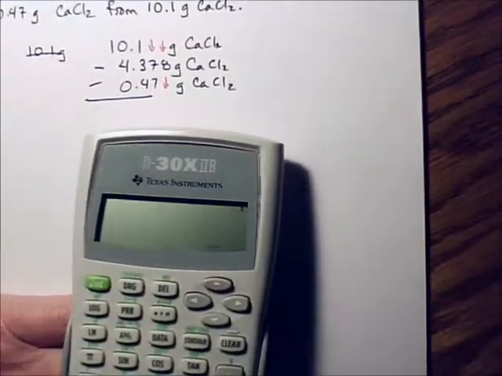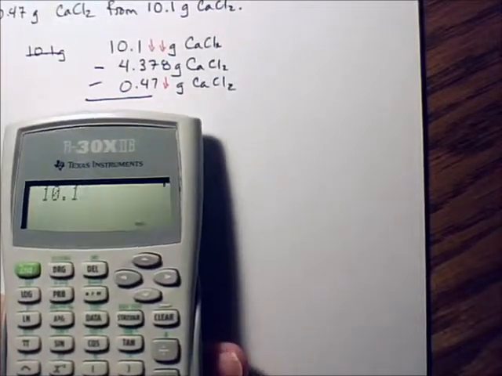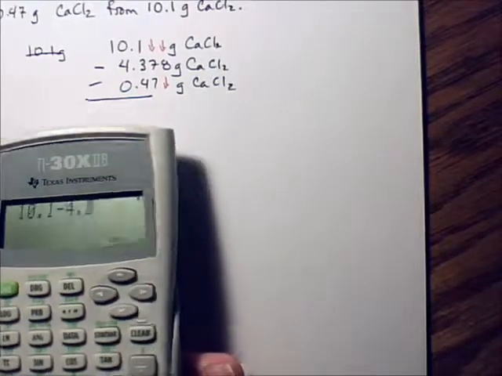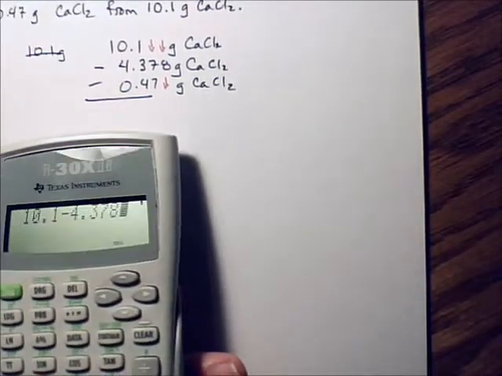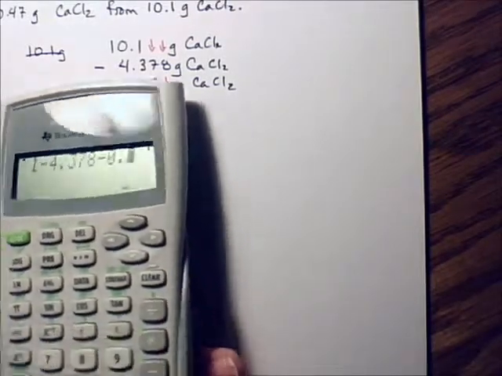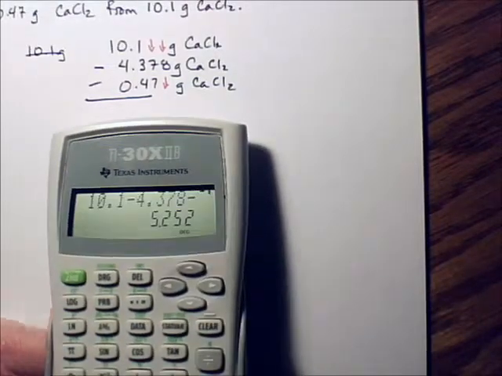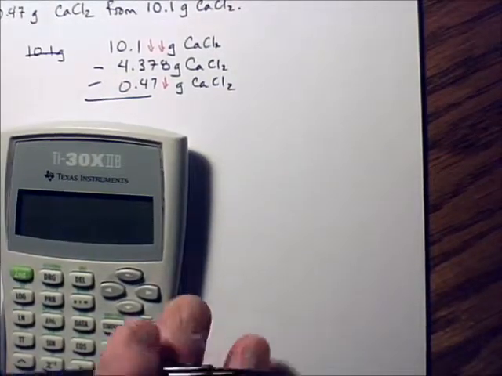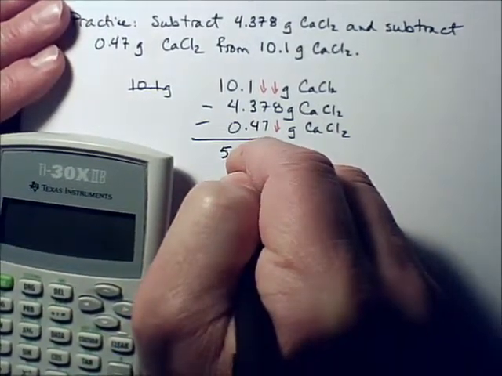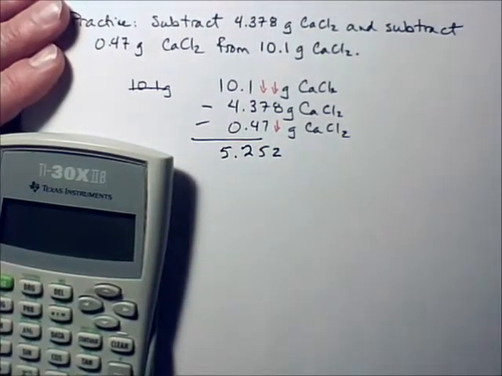Okay? So let's see, do it so you can see it, if you can watch me here. 10.1 minus 4.378 minus 0.47. Okay, and I get that number there. 5.252.